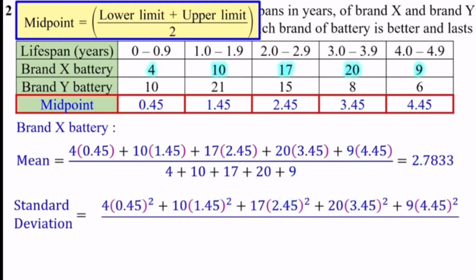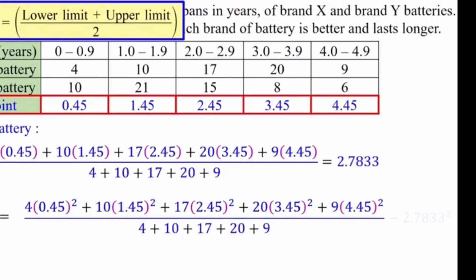So we will divide by total frequency and minus the mean square, right? So we will divide by the 4 plus 10 plus 17 plus 20 plus 9, and we need to minus out 2.7833 square. Make sure we minus out the mean, which is 2.7833, square.